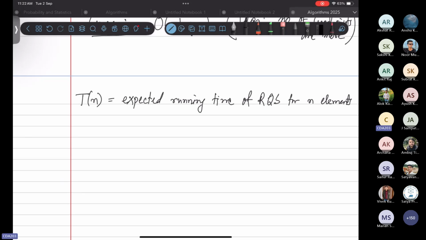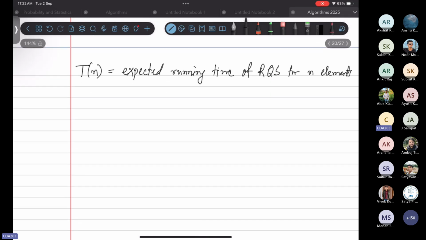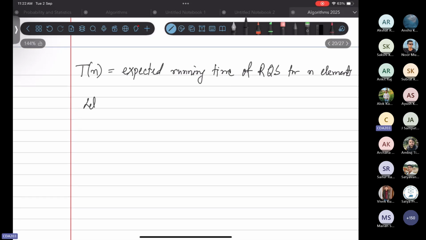Right. So I don't know what that element is, what would be the pivot element. It could be any of these elements. It could be the minimum, second minimum, tenth minimum, or anything. Right. So I'll assume that the pivot is the ith smallest element.